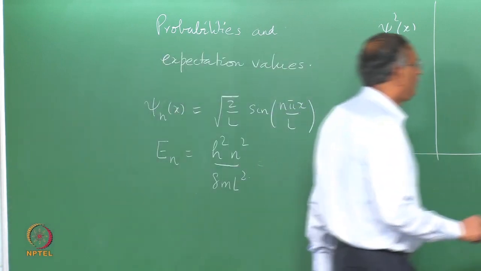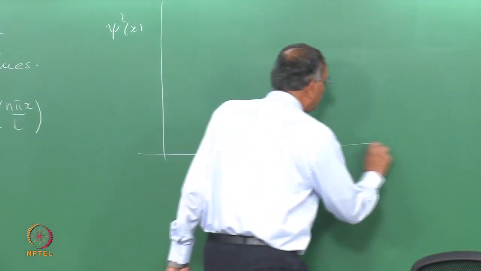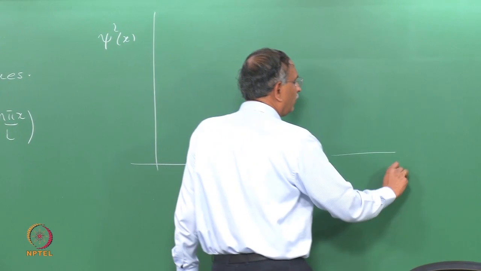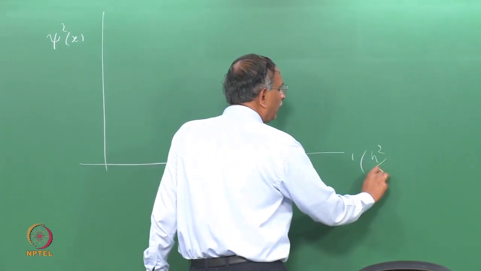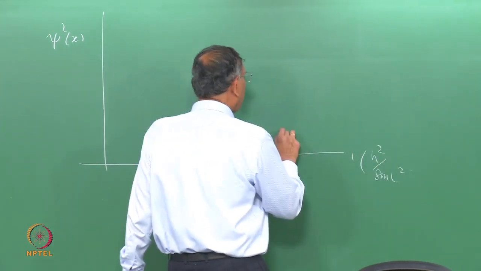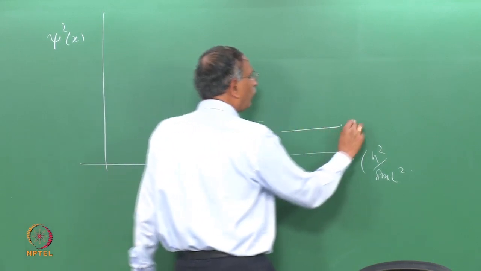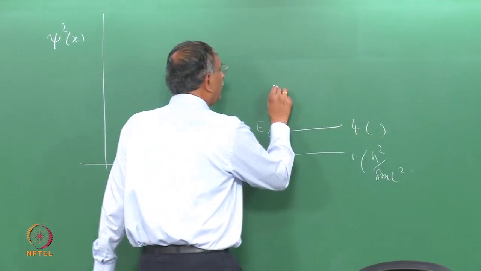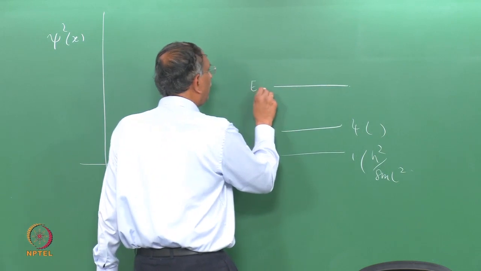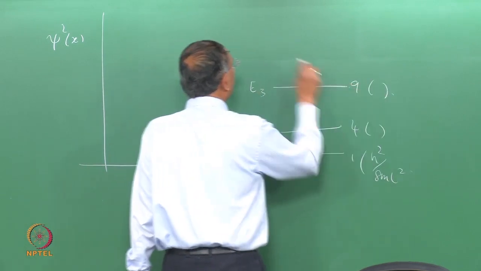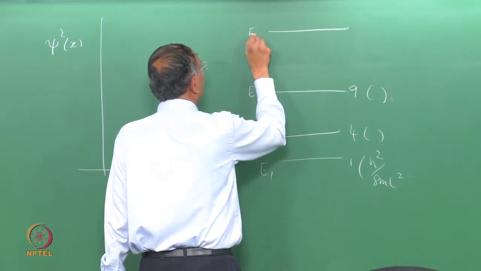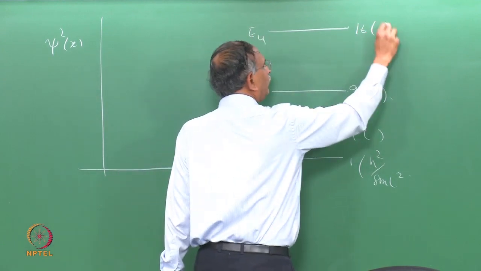So, if you plot E1, it is 1 times h square by 8 m L square. E2 is 4 times that unit. E3 is 9 times that unit. E4 is 16 times that unit.